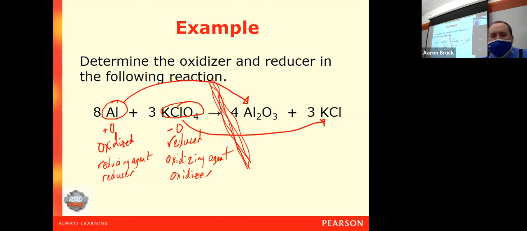So never will it be the case where an oxidizer or a reducer comes from the product. The products help us to identify which reactant is oxidized and which reactant is reduced. But those substances are not participating in the movement of the electrons or in the movement of the oxygens. They are the result of those oxygens moving around.